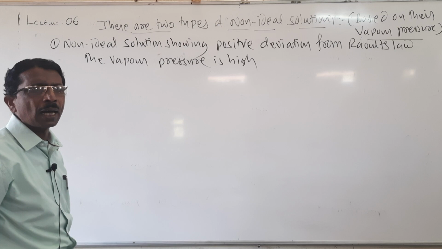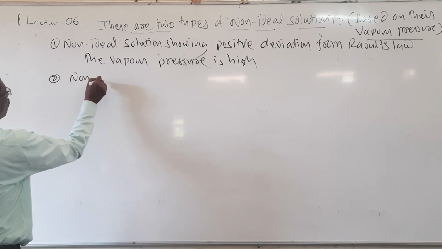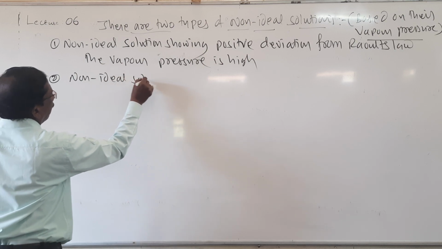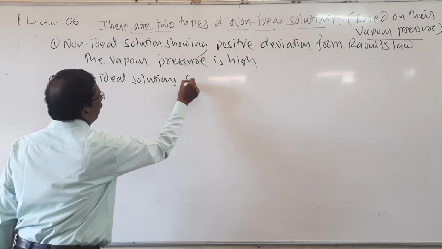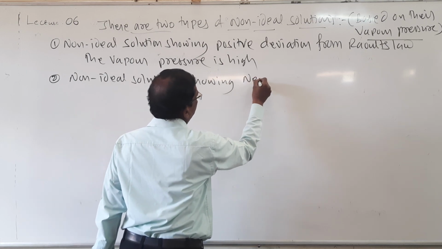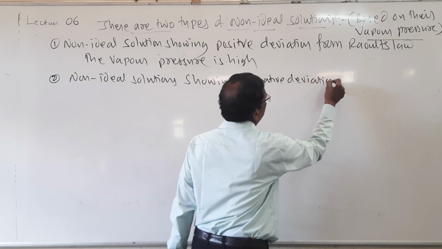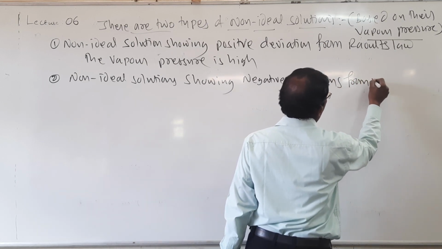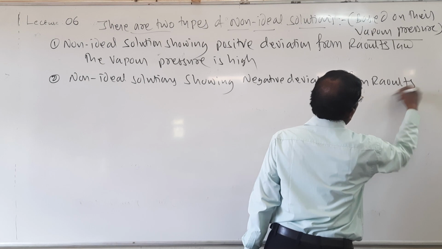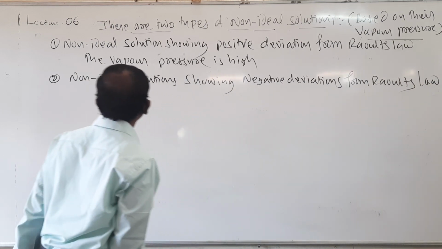And the second one is non-ideal solutions showing negative deviation from Raoult's law.